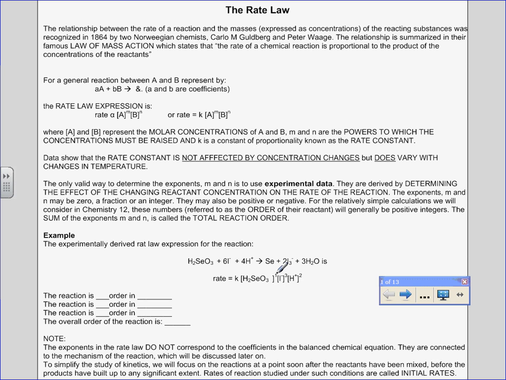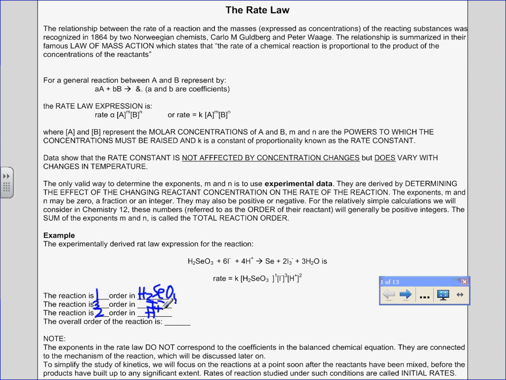These numbers are called the order of the reactant. So this particular reaction is first order in H2SO3. It is third order in I minus, and it is second order in H plus. The overall order of the reaction is the sum of all of the exponents.